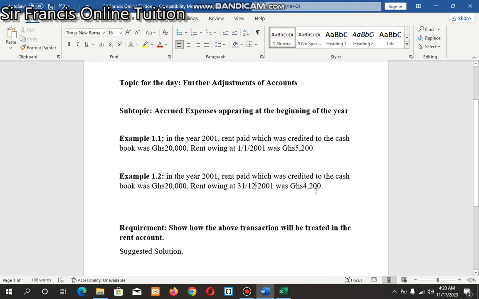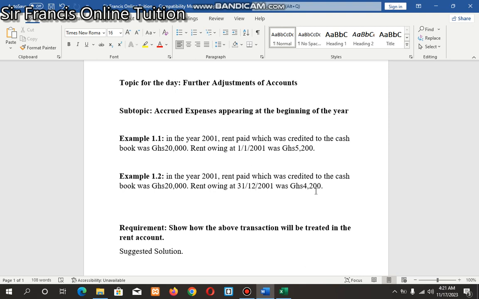So when we say rent owing at the end of the accounting year, what does it mean? It means that the benefit of the expense has been consumed in the current accounting year, but the payment is yet to be made by the business.